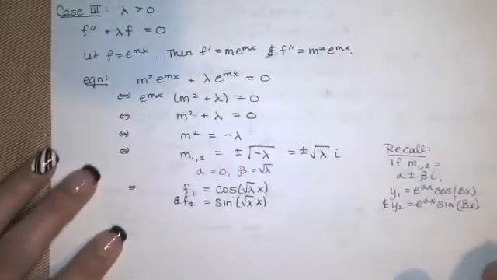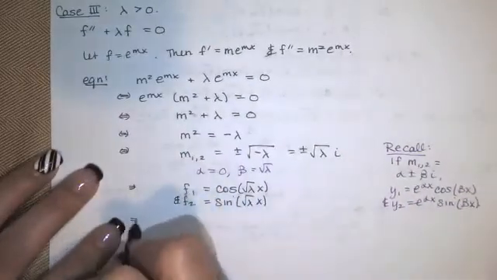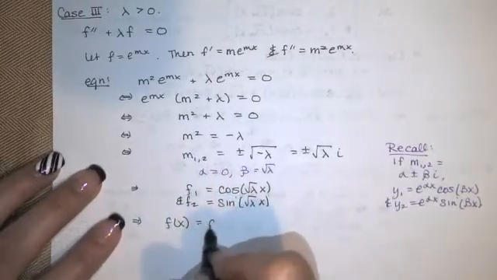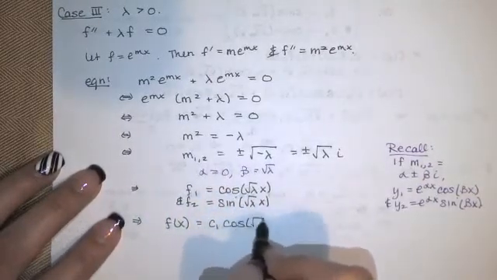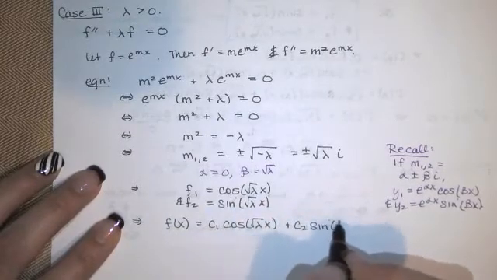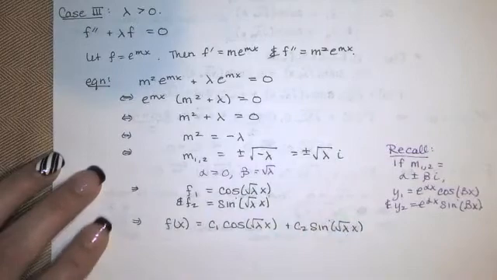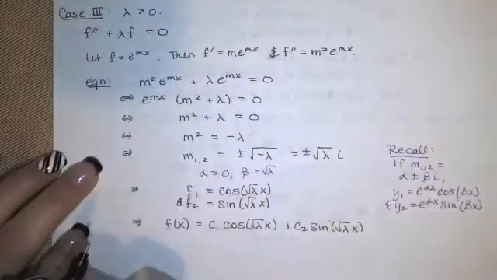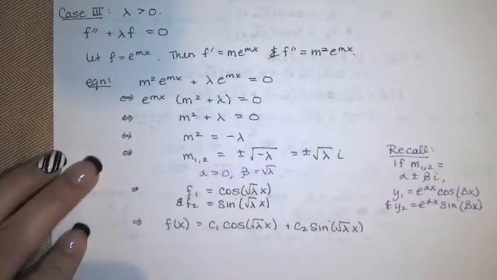That's what this says right here. And that means that f of x is a combination of these, c1 times the first function plus c2 times the second function. That is the general solution of this differential equation under the condition that our lambda is positive.